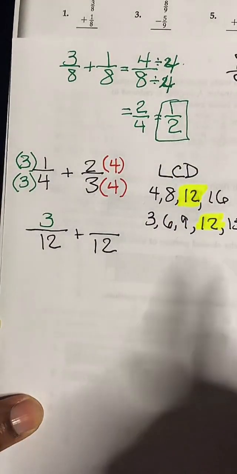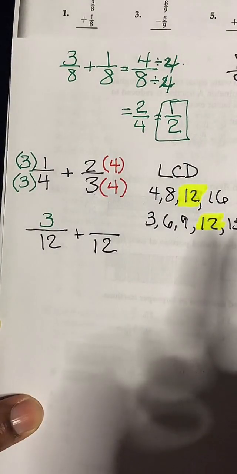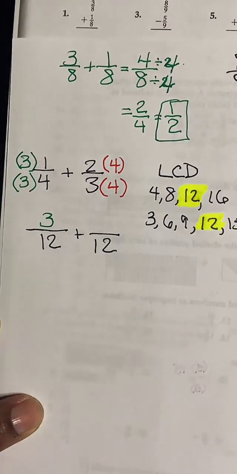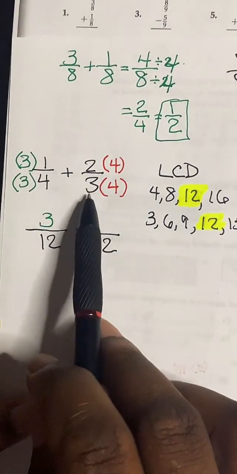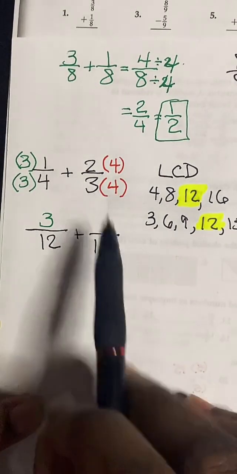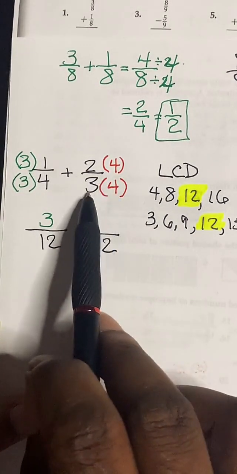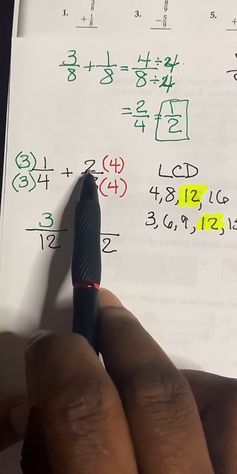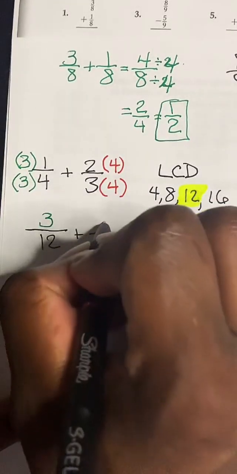There you go. Good, Warrior. There she is. All right. How you doing, Renee? So we have 3 times 4 gives me 12. Whatever I multiply in the denominator, I have to multiply in the numerator. So 2 times 4, this gives me 8.